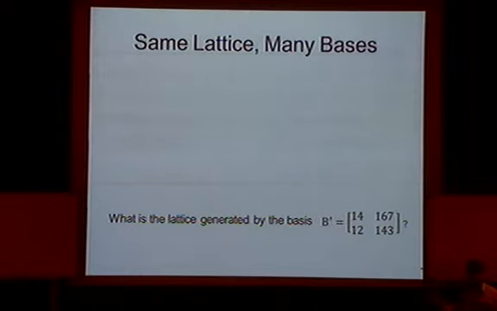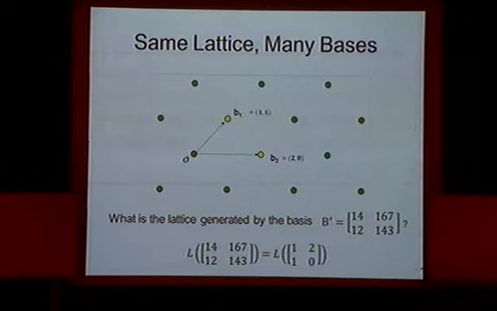What do I get, pictorially? Have you seen this before in this talk? No takers. Well, it turns out to be the same lattice. You go through the effort of drawing all integer linear combinations of these two basis vectors, and voila, you get the same lattice.